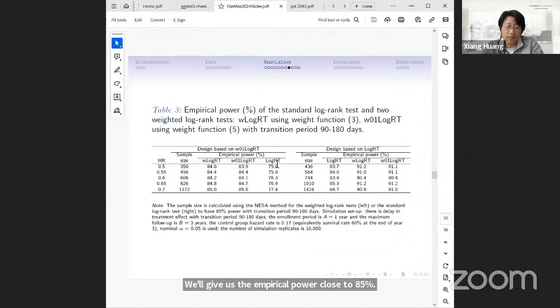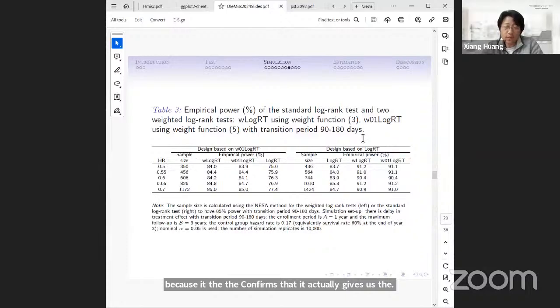But the standard log-rank test, because it's not the correct test to use, shows a power loss. So that means the calculation of the sample size makes sense, because the empirical power confirms that it actually gives us the designed power.